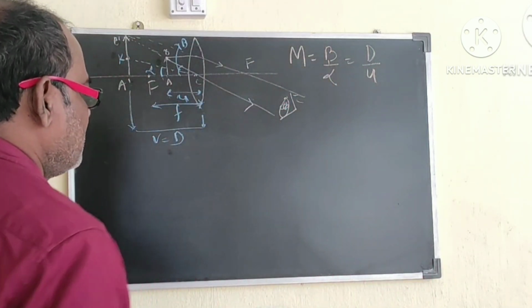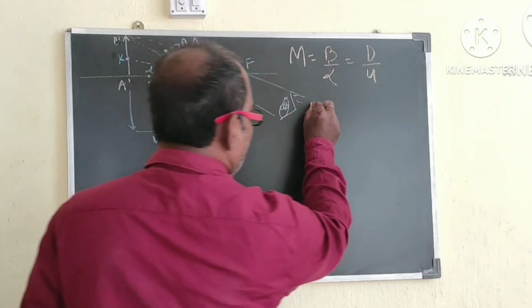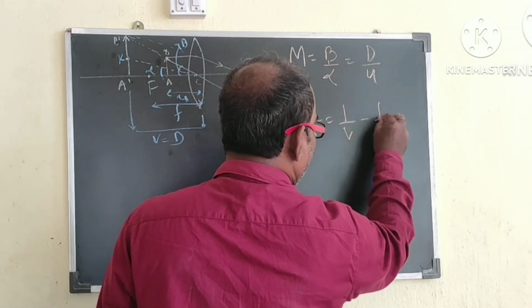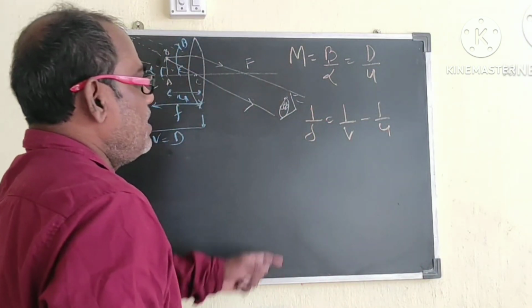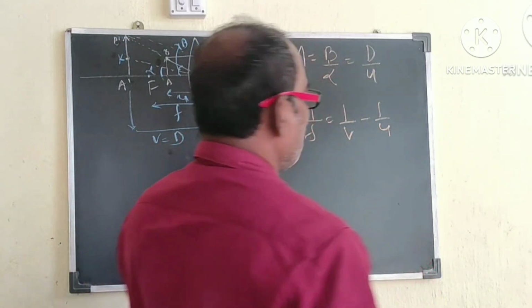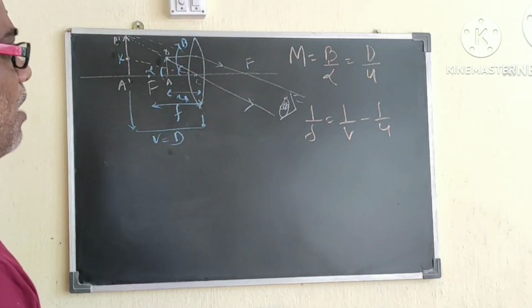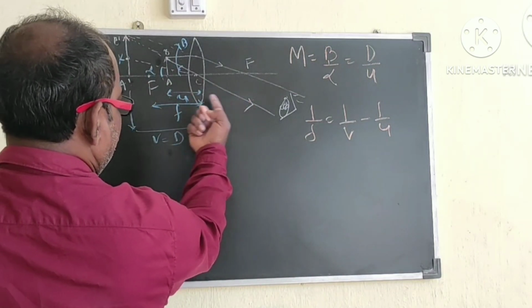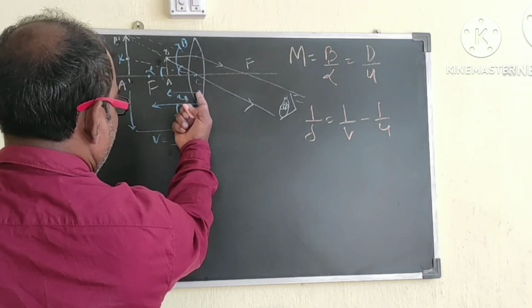So we know the lens formula, that is 1 by F is equal to 1 by V minus 1 by U. Now we'll try to find from this one more formula of magnifying power. Here U, according to the Cartesian sign convention, we are calculating the distance from here to here.